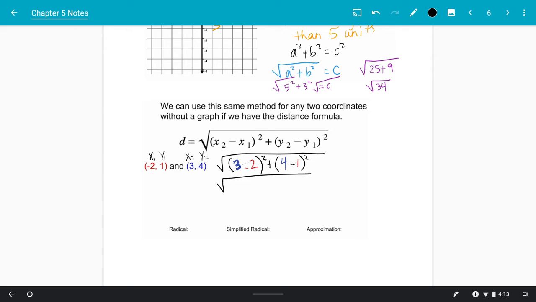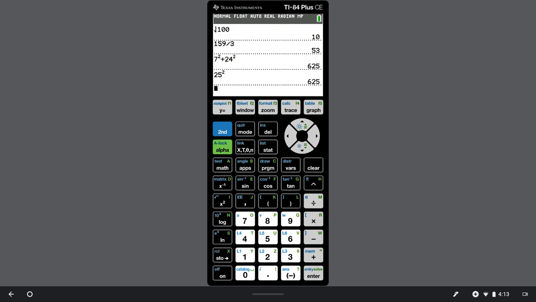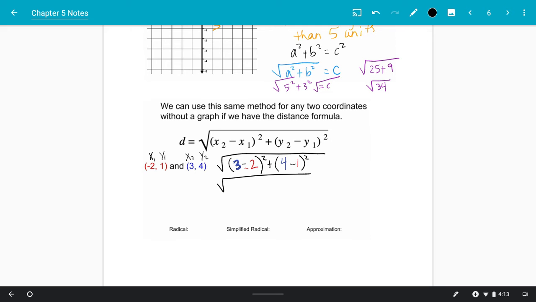So now, 3 minus -2, if we do this on a calculator, becomes 5. As you can see, what that ends up actually being is 3 plus 2. So I'm just going to write that one extra step. Minus a negative is like plus.